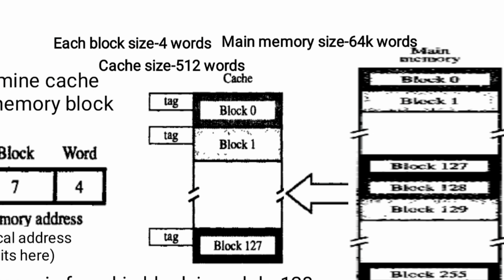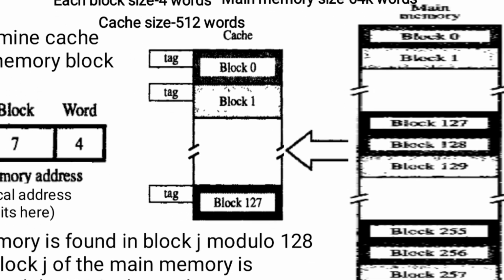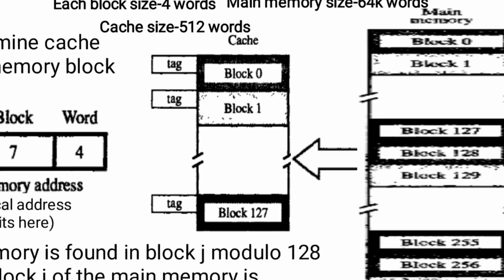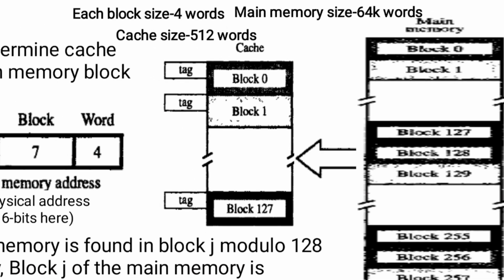In cache there are 128 blocks. You can see block 0 and block 127, so 128 blocks. So a block of main memory can be found in a block of cache. Instead of line, they have used the word block, the same word, in cache also.